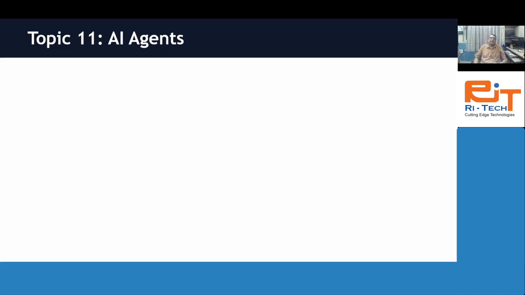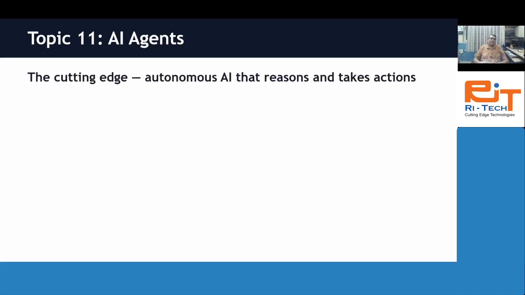And topic 11 will go for AI agents. So the cutting edge, the latest trend that we have right now. Agentic AI: autonomous AI that reasons and takes action.